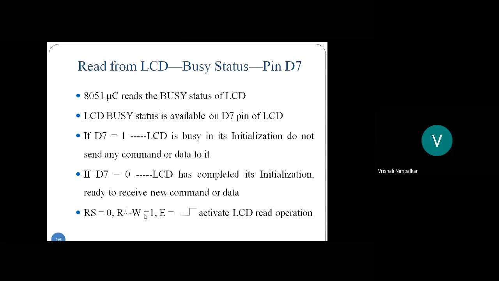Next, R slash W bar should be logic 1, because the microcontroller is reading the D7th pin. And the enable control bit should have a rising edge so that the read operation is activated. So this is where the microcontroller will be reading from LCD. What does it read? The busy status, which is available on the D7th data pin of that LCD.